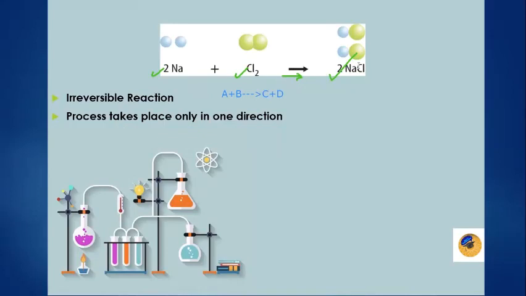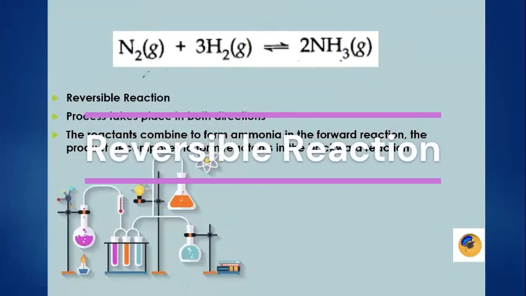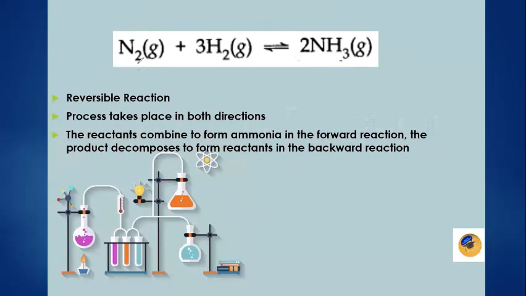Now, we'll look at other reactions for comparison. What's different here? In this reaction, we have nitrogen and hydrogen that reversibly give us ammonia. Here you can see double-headed arrows.